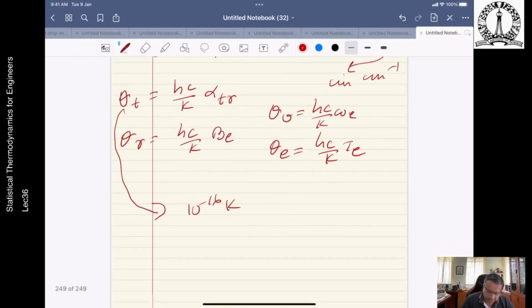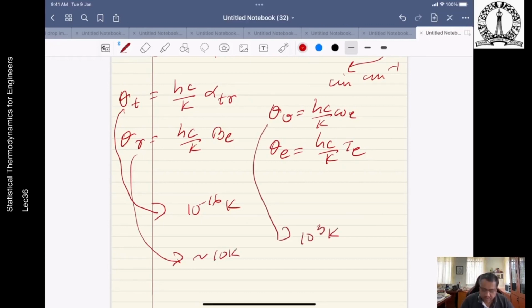The temperature for the rotation is of the order of 10 Kelvin, and vibration is about 10 to the power of 3 Kelvin, and electronic is 10 to the power of 5 Kelvin. Therefore, we find that both translational and rotational modes are fully operative below room temperature.